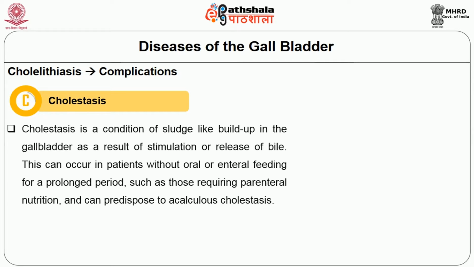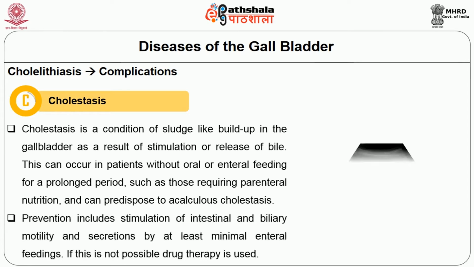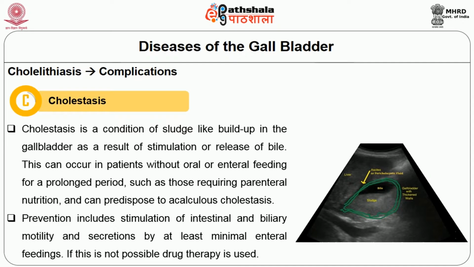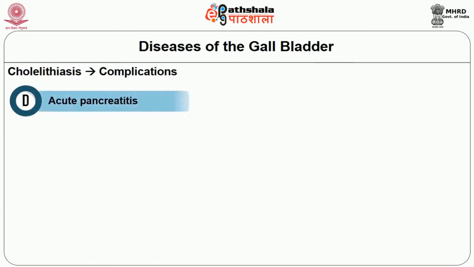This can occur in patients without oral or enteral feeding for a prolonged period, such as those requiring parenteral nutrition, and can predispose to acalculous cholecystitis. Prevention includes stimulation of intestinal and biliary motility and secretions by at least minimal enteral feedings. If this is not possible, drug therapy is used.